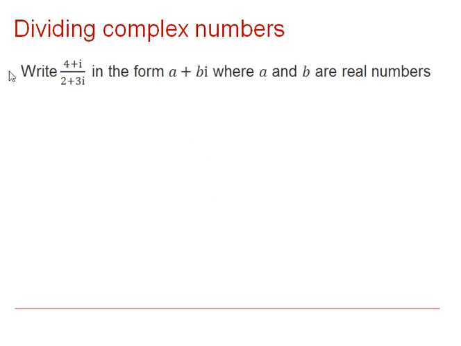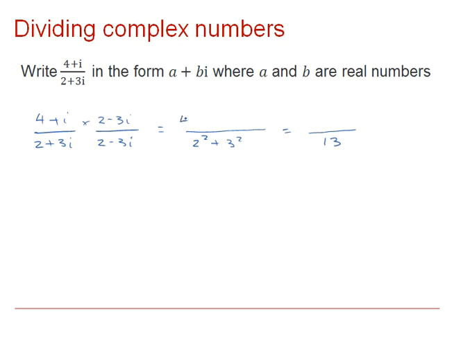Let's just practice that on this slide here. So we have 4 plus i over 2 plus 3i, and I'm going to multiply top and bottom by that complex conjugate of 2 plus 3i. And I know, therefore, that I'm going to have 2 squared, I'll write it as 2 squared plus 3 squared for the moment, although obviously we know that that's going to be 4 plus 9, which is 13.